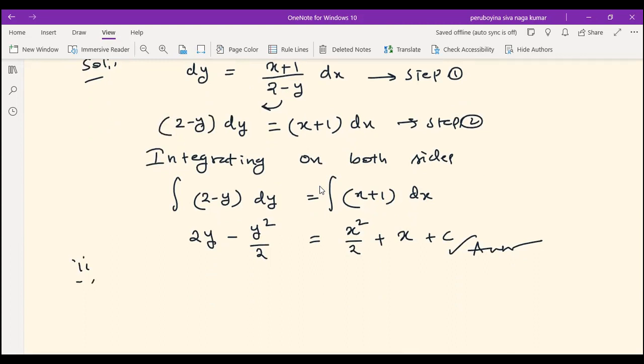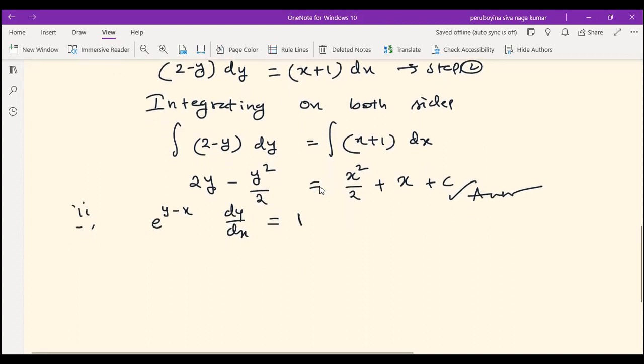Next, second question. Copy it. Solve e power (y minus x) into dy/dx is equal to 1. According to the previous question, we will keep dy on the left side and dx on the right side. So e power (y minus x) dy is equal to 1 into dx.